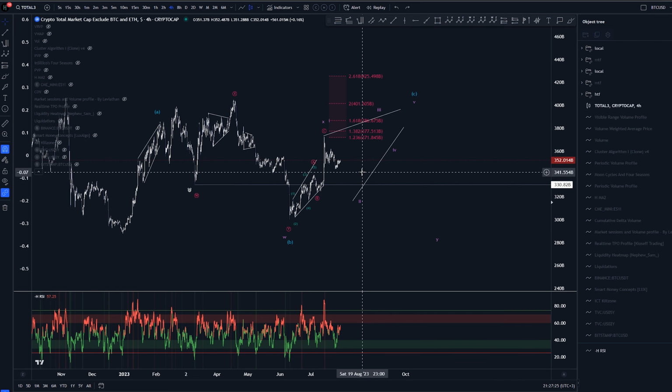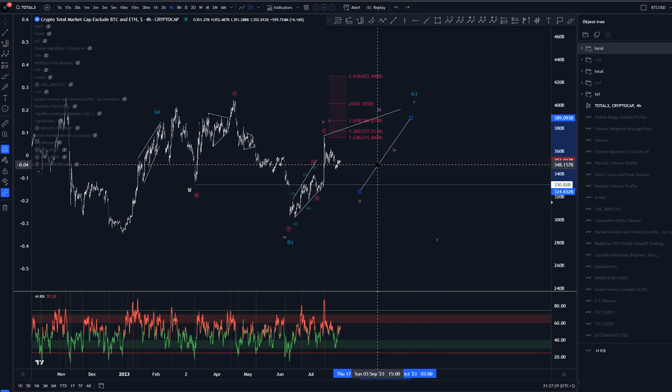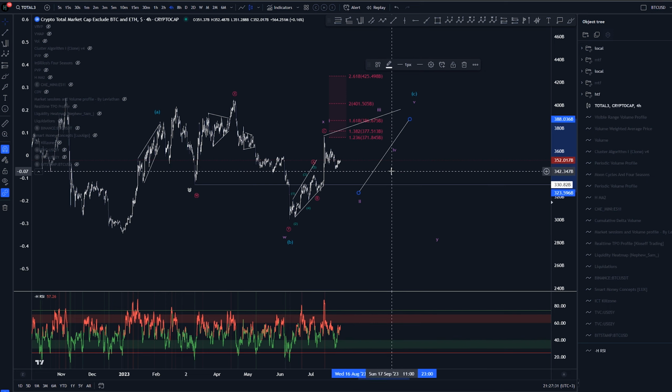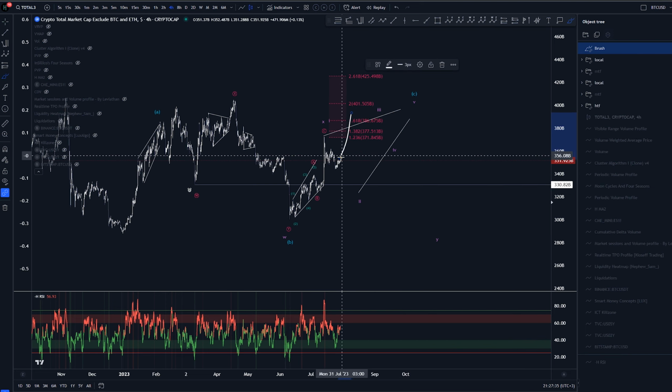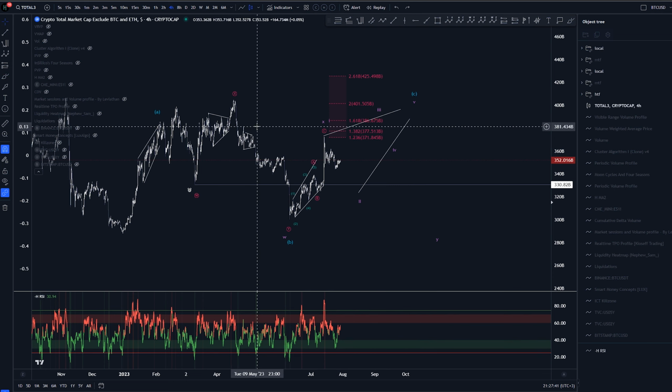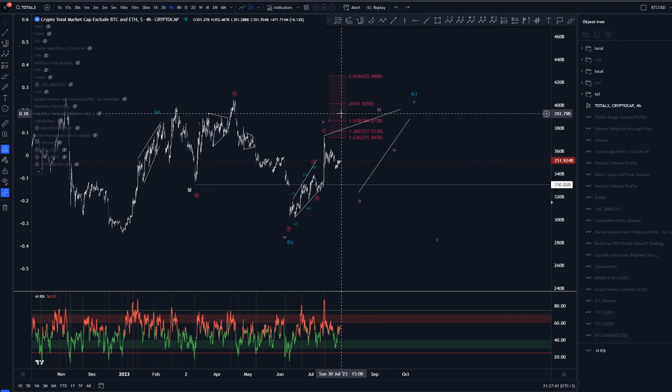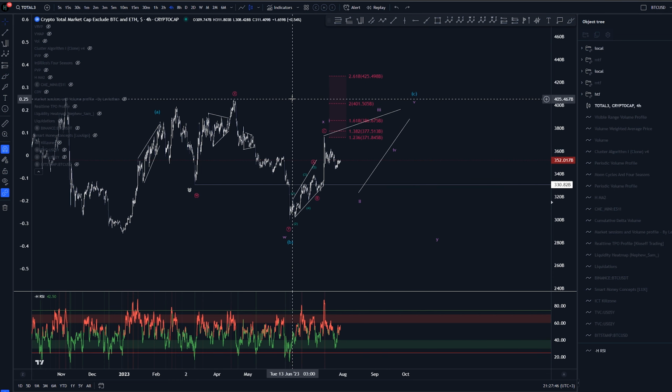And again, we are only taking these plays if the scenarios happen what we are expecting. If this just does basically this, then I'm not going to be shorting mindlessly or going long anywhere. So again, the market has to play out into our plan, and then we can take action.